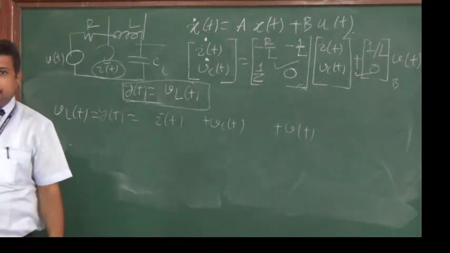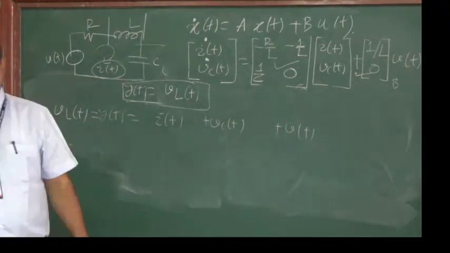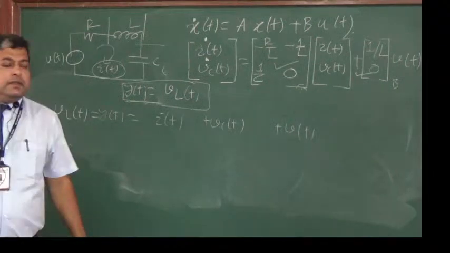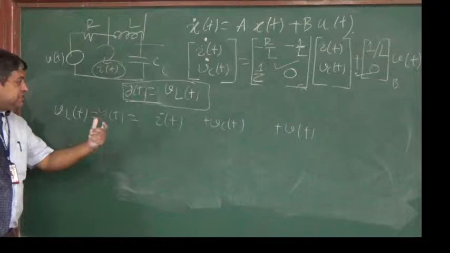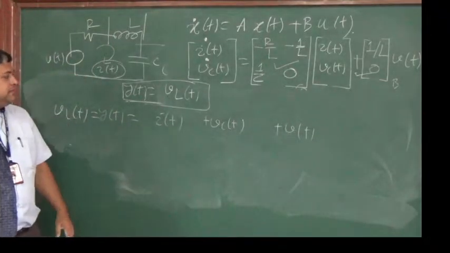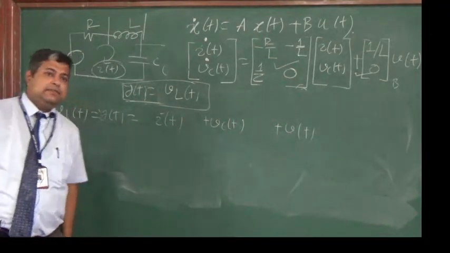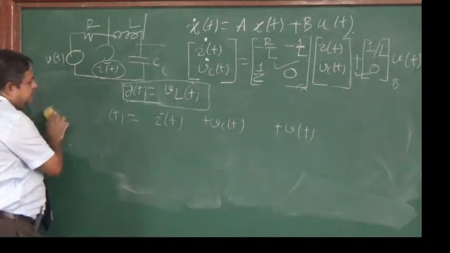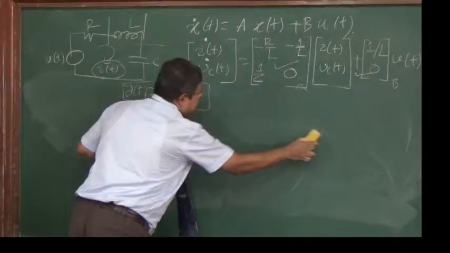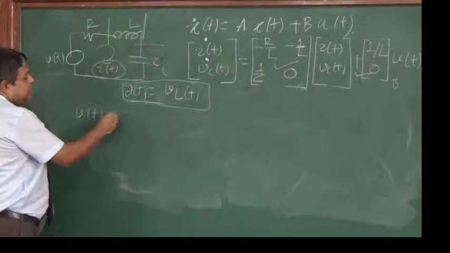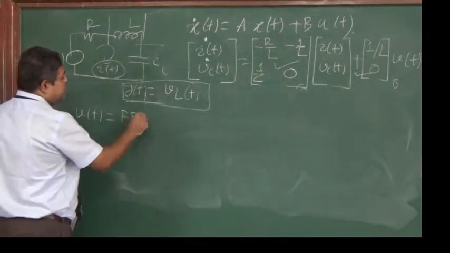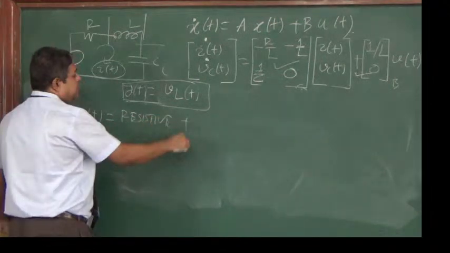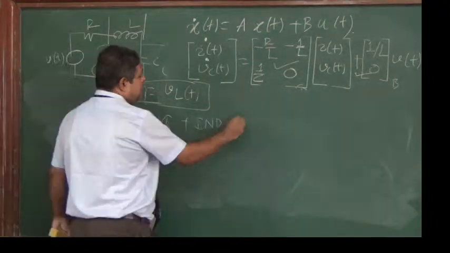How can you write that? This vL(t), the inductive voltage, should be a function of i(t), vC(t) and input voltage. Is it possible to write? Look at the circuit. The circuit has total supply voltage v(t), which is equal to resistive voltage plus inductive voltage plus capacitive voltage.